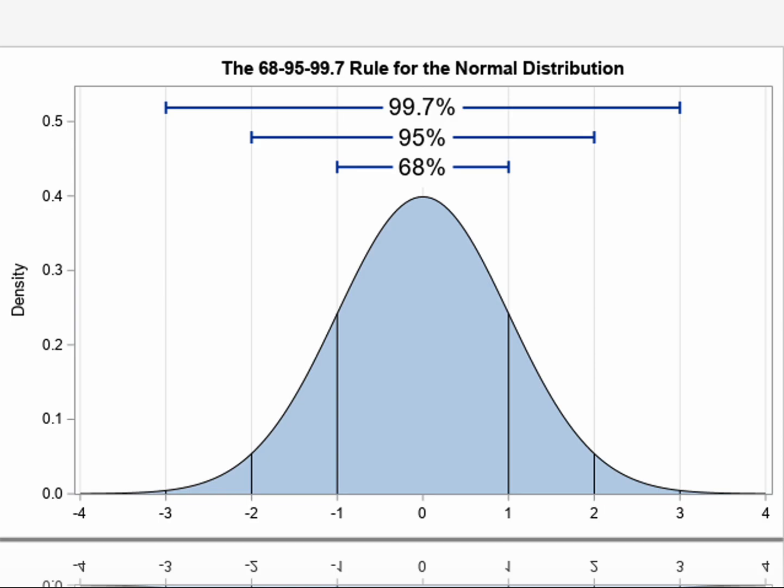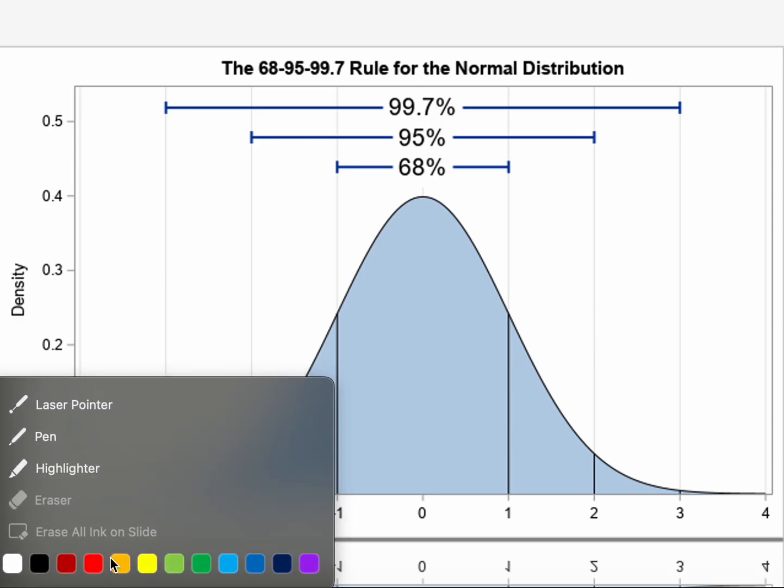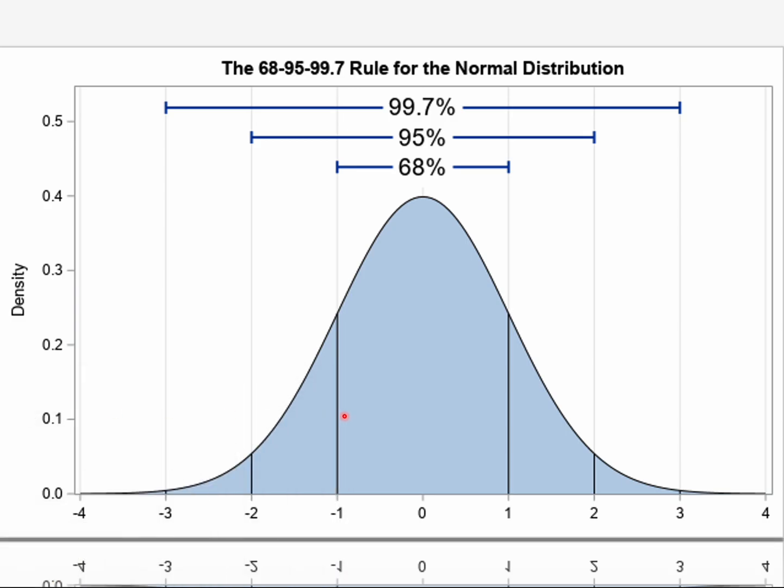All right? Now those standard deviation numbers on the x-axis there, the -1 through 1, from here to here, this area, equals one standard deviation above through one standard deviation below, and that accounts for 68% of your data.